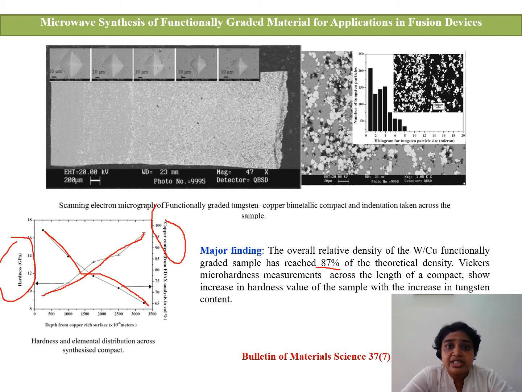And for the Vickers hardness measurement, here you can see the indentation marks on the sample at different locations. From here we calculated the hardness value. So the hardness of the sample increases as the copper content is decreasing, or we can say as tungsten content is increasing, or vice versa.